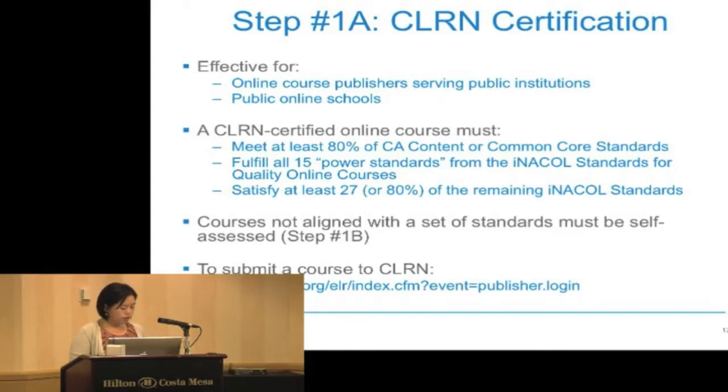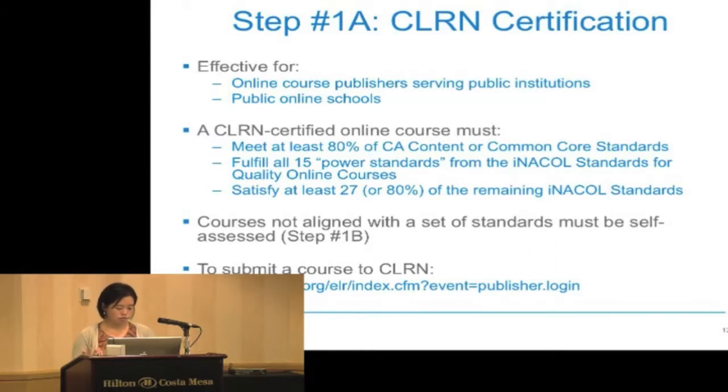So in terms of those online courses that don't clearly align with a set of state standards, with either the Common Core or California content standards, an online school or course publisher can conduct a self-assessment against the INACOL standards and basically show evidence that they meet those standards.